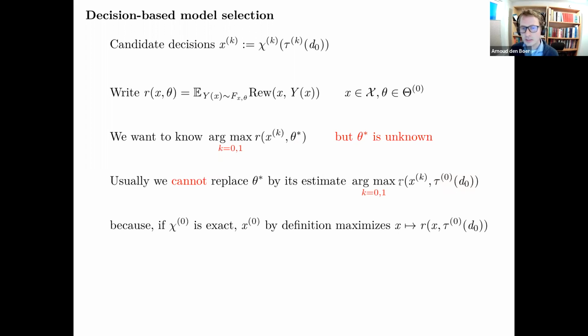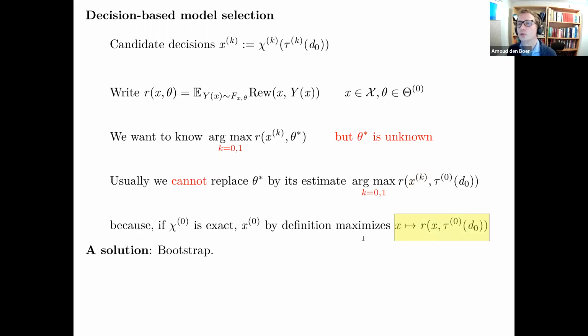Because if I don't have any optimization errors, then the decision under model 0, the more complex model, is by definition a maximizer of this function. So this is always better or equally good as the decision under the simplified MNL model. So we cannot do that.